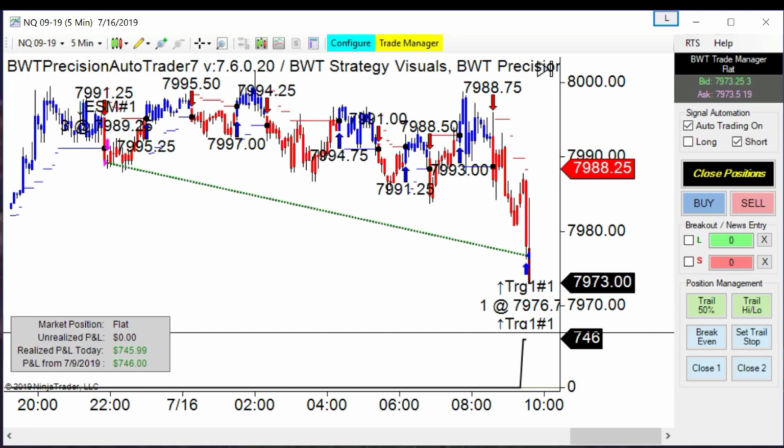The first trade was fine. The first trade was perfect. I waited for the precision trend to be bearish, and then I entered short on a bounce. That was perfectly fine. But what I was doing with that second chart, I am not happy with.